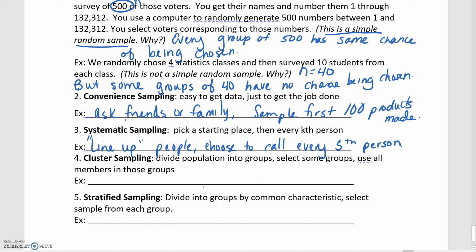Depending on how many people you need, what number you put there for the k would change, but you're using that same number and just going down the line and choosing that person.